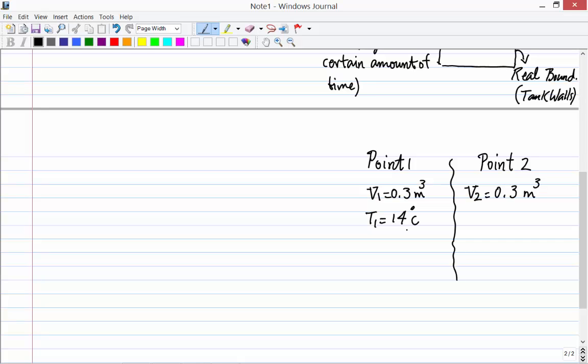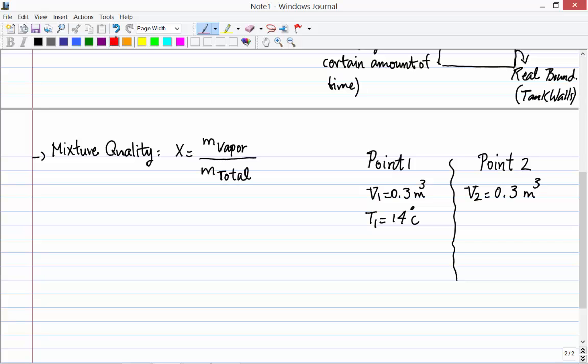If you check, I'll tell you. As we defined before, a mixture quality is defined as x equals m sub vapor divided by total mass, right?